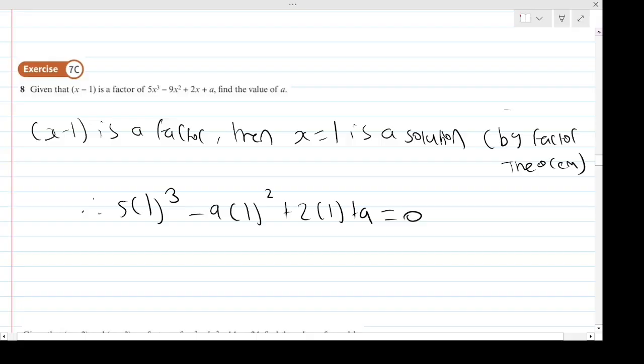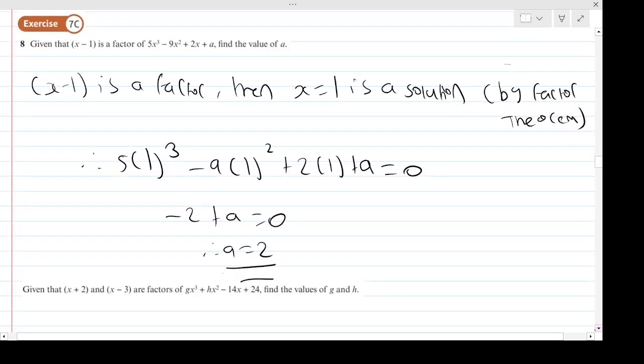Let's put all that into a calculator: 5 lots of 1 cubed minus 9 lots of 1 squared plus 2 lots of 1, you get minus 2. Add the a, and that is an a, not a 9. My a's look like 9s, don't ask. Plus a equals 0. Then I can add 2 to both sides, so therefore a is 2. Cool, there we are.